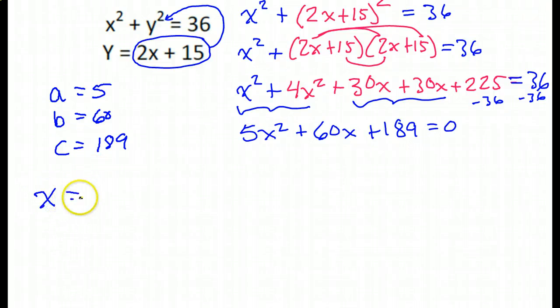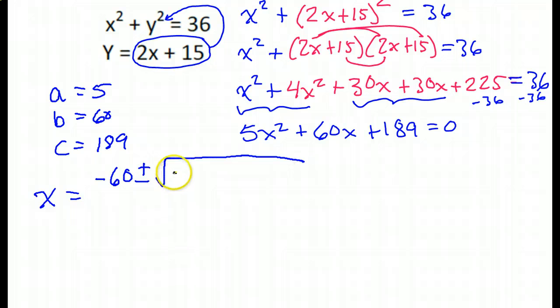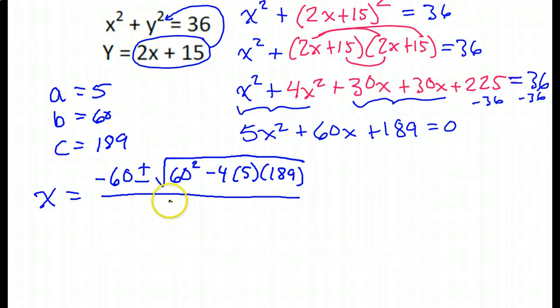So x is going to equal the opposite of B, so that's negative 60 plus or minus the square root of 60 squared minus 4 times 5 times 189, all over 2 times 5, which obviously is 10.